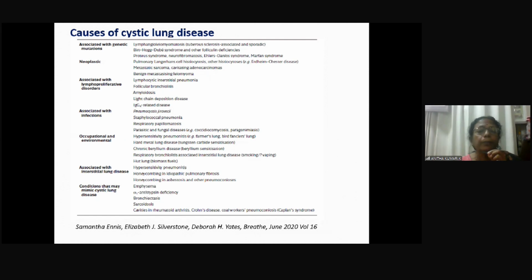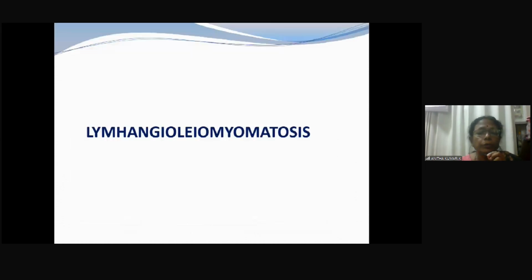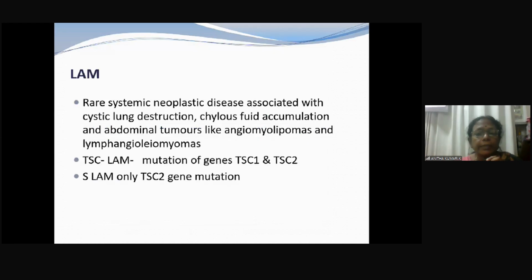I'll be talking mostly about lymphangioleiomyomatosis, LCH, Birt-Hogg-Dube disease, and LIP. LAM is a rare systemic neoplastic disease associated with cystic lung destruction, chylous fluid accumulation, and abdominal tumors like angiomyolipomas and lymphangioleiomyomas. In LAM, you have two types. One is the LAM that is associated with tuberous sclerosis, and the other one is sporadic LAM.